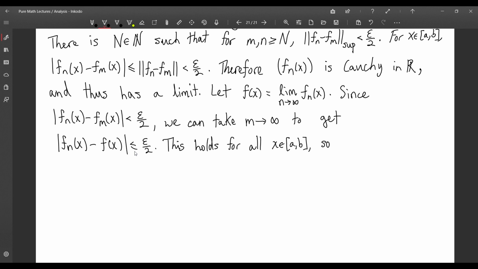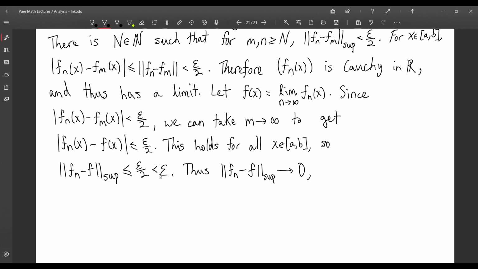So epsilon over 2 is an upper bound for the set of values of the difference between f sub n and f, and therefore the sup-norm is less than or equal to this upper bound, and this is less than epsilon. Thus, we can see that the sup-norm of f sub n minus f is going to converge as a sequence of real numbers to 0.